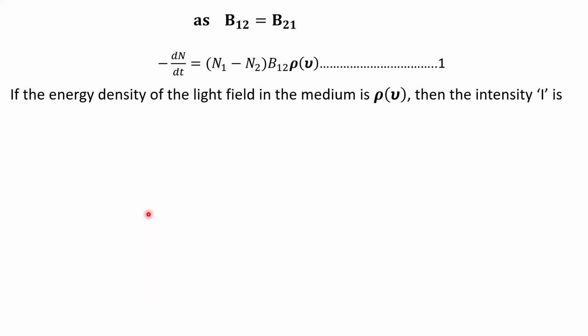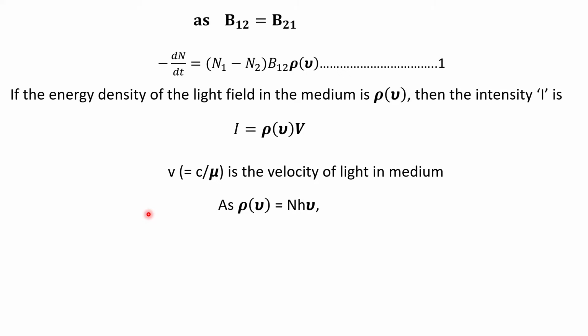If the energy density of the light field in the medium is rho nu, then the intensity I is given as I equal to v into rho nu, where v is the velocity of light in the medium and v equal to c divided by mu.